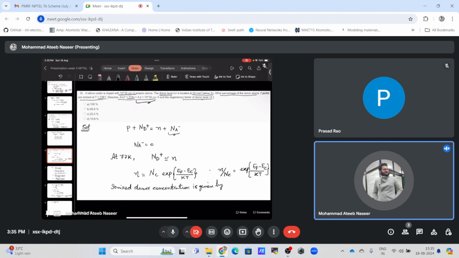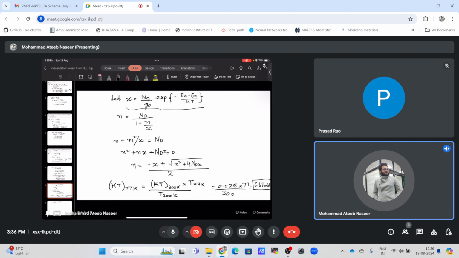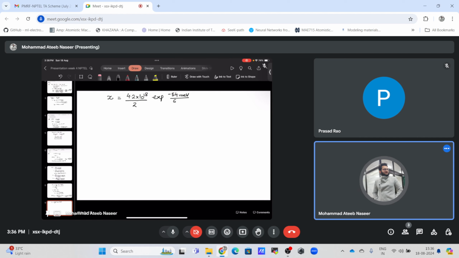Ec minus Ed is simply this value, 54 milli electron volts. This Ed was located 54 milli electron volts below the conduction band edge. So it is now simply minus 54 milli electron volts divided by kT. kT we found out to be equal to 6.67 milli electron volts.